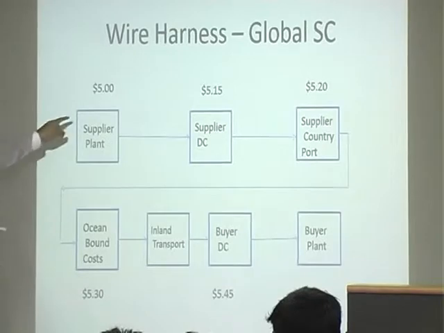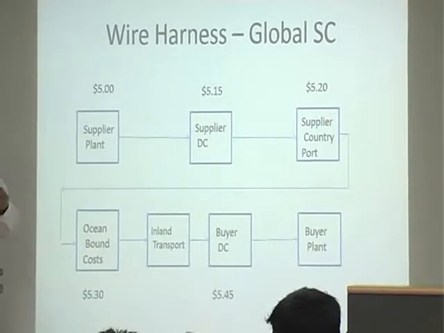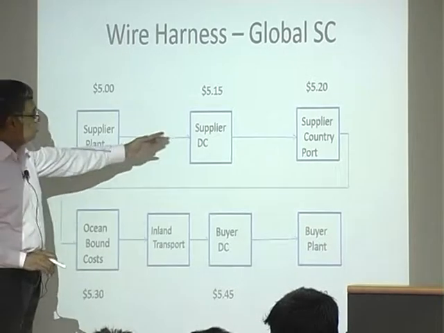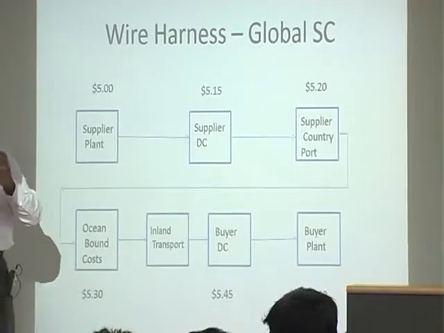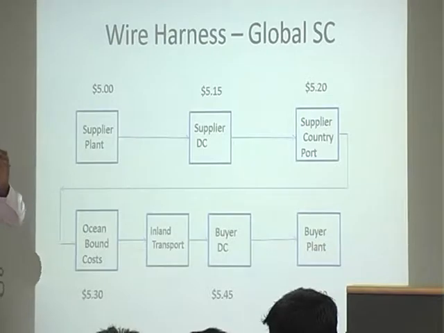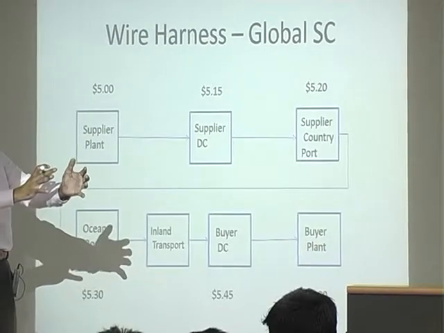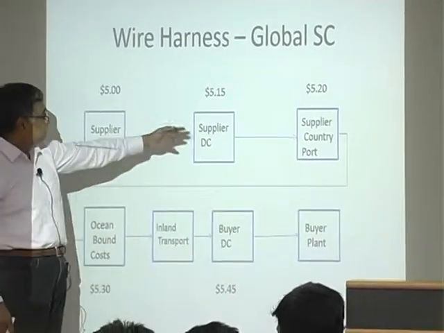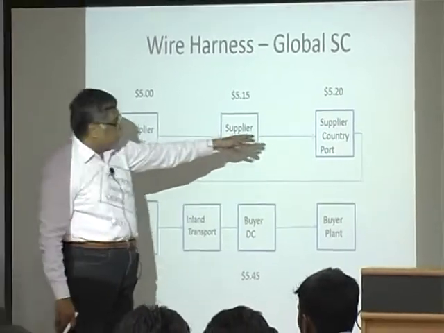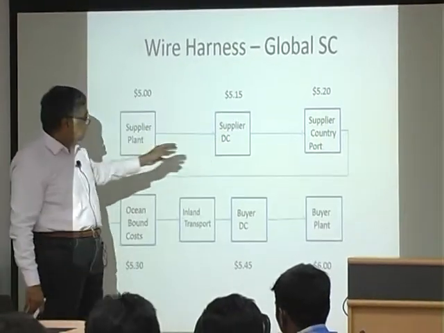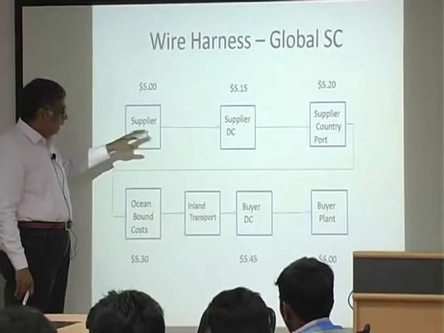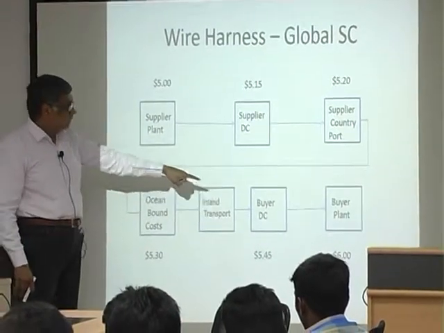As a hypothetical example, it started at a plant at $5 per unit. Once it went to the distribution center, value has been added because it is closer to the customer by one stage. So I'm saying it's $5.15 now. Now it goes to the port. It's 2 stages away from the source and a couple of stages closer to the destination.